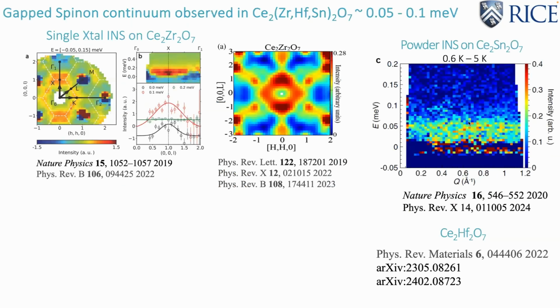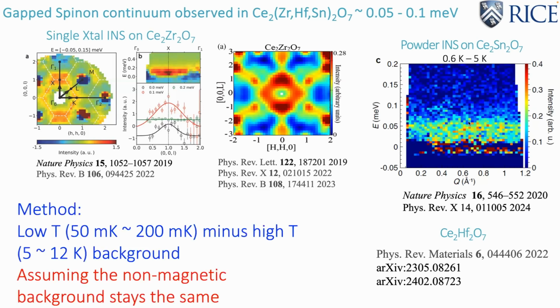Over the last 5 years, there have been several new neutron works on this series of compounds: cerium zirconate, hafnate, and stannate. People observe this gapped spinon continuum in an energy range of 0.05 to 0.1 meV.